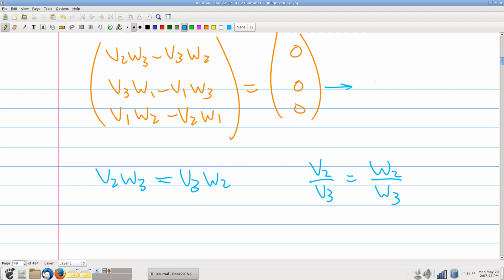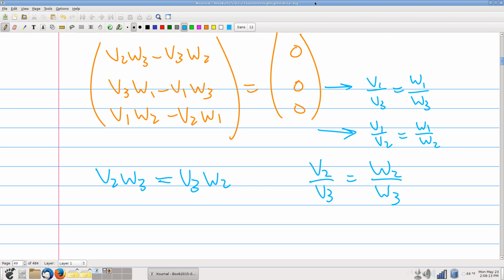That one tells me that v1 over v3 is equal to w1 over w3. And this one says that v1 over v2 is equal to w1 over w2. Is that cool?